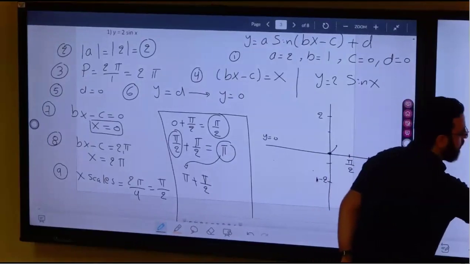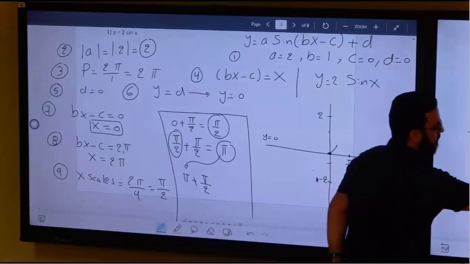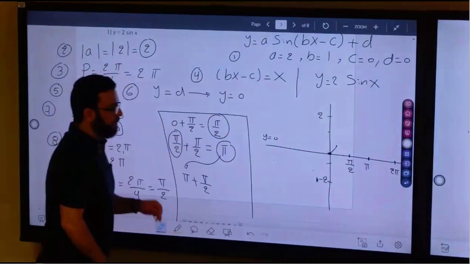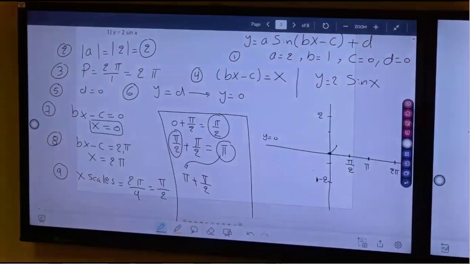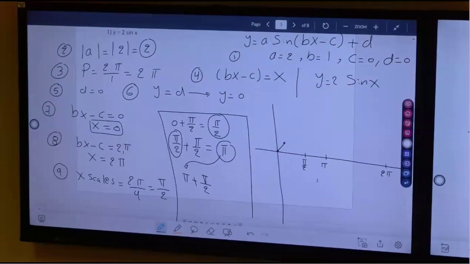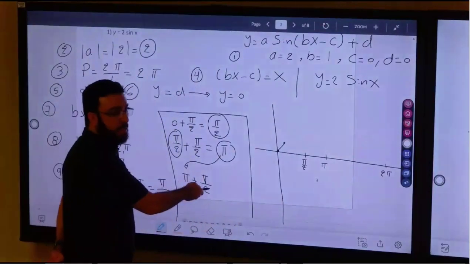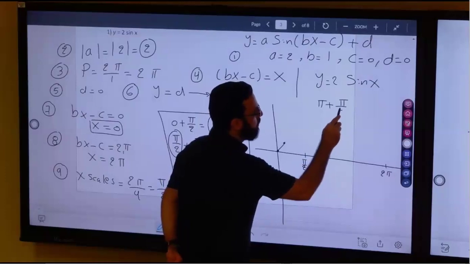So it's going to be 2 pi over 2, which is pi. Now we add pi plus pi over 2.